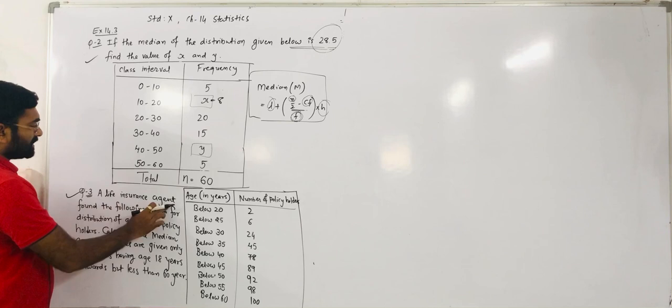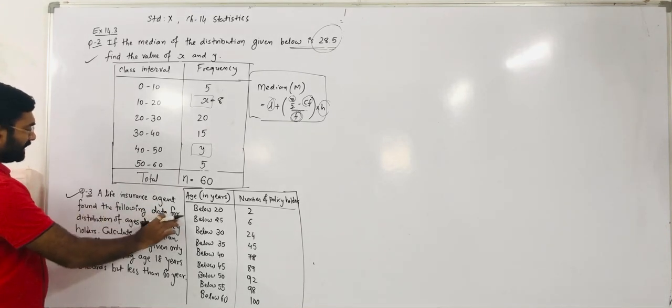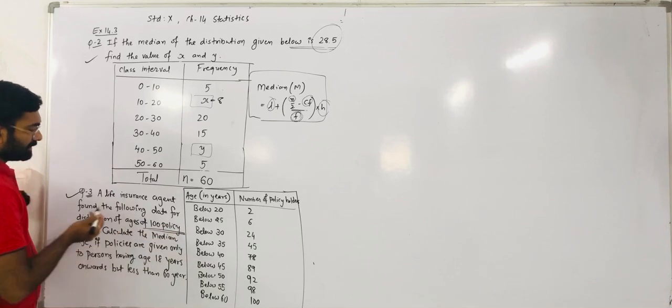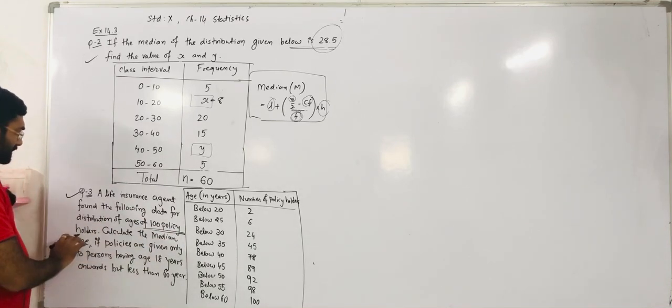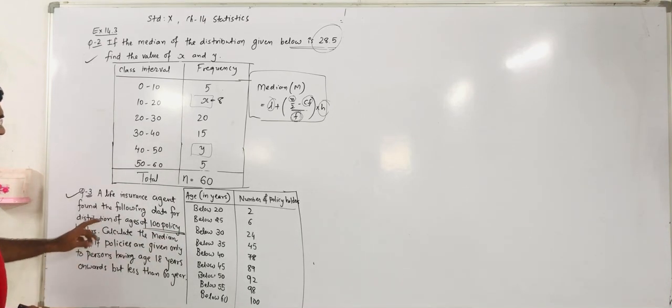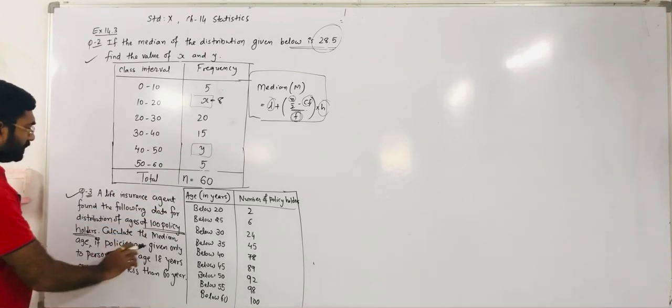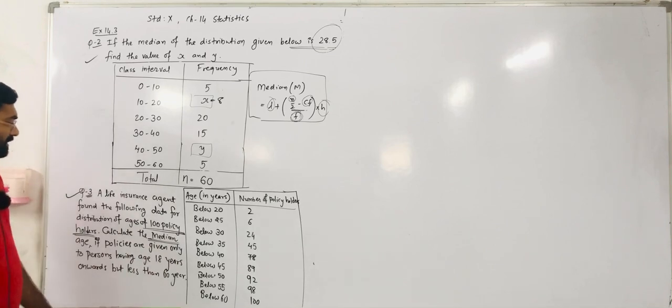A life insurance agent found the following data for the distribution of ages of 100 policy holders. 100 policy holders are there, and their age distribution data is given here. Calculate the median. So that question is regarding median age. We have to find out the median age.